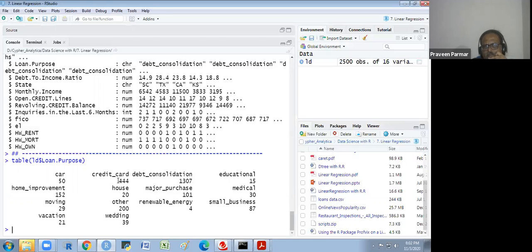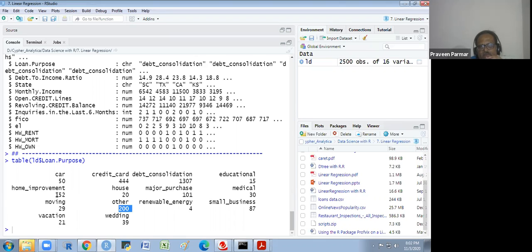So what we are going to do here is look at the higher frequencies. These are the categories where we have more data, and these also have more. So we take only these three, those up to 200 frequency, and the remaining we use as a base category.